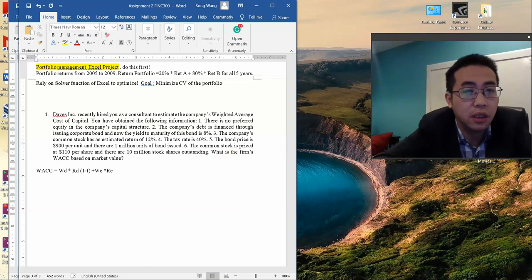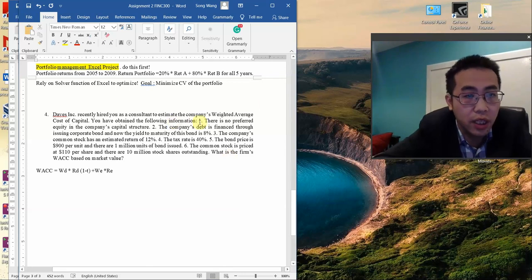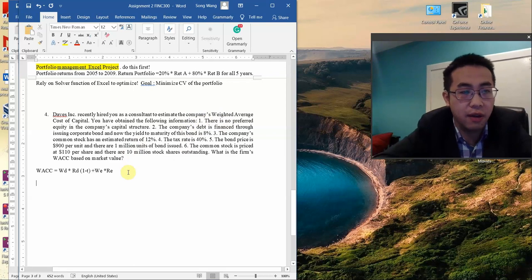If you read each piece of information, you will see that there's no preferred equity. So instead of three components, you only have two components. You don't have another weight and another return for preferred. The company debt is financed through corporate bonds, and the yield to maturity is 8%.